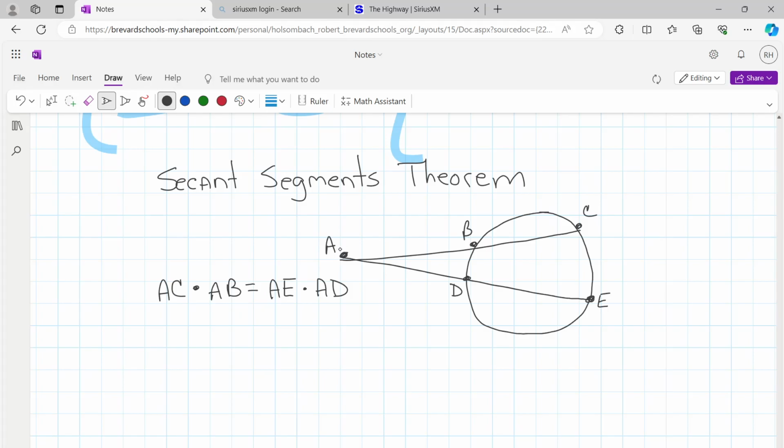So it's the whole piece times the outside piece is equal to the whole piece times the outside piece. So if you're given some values here, and we've got an 8 and an X, and then a 10 and a 6.